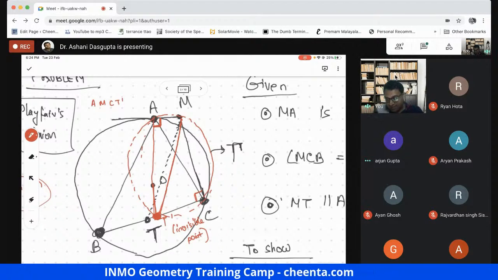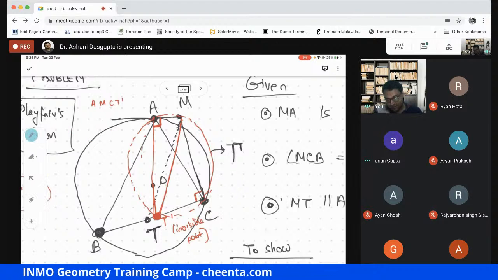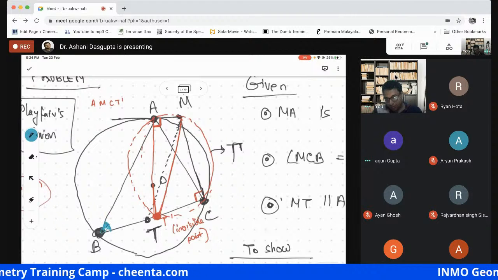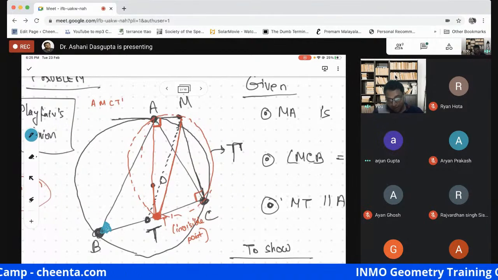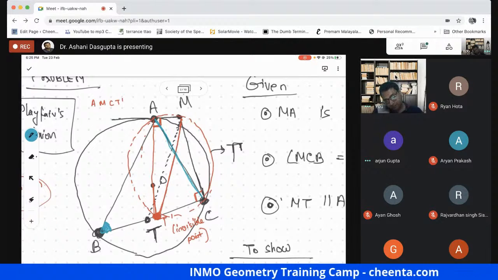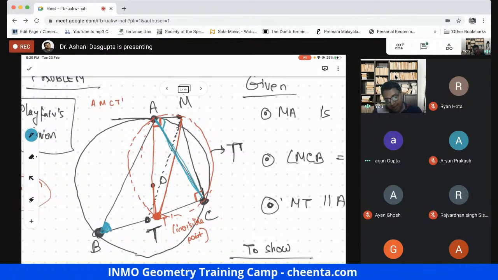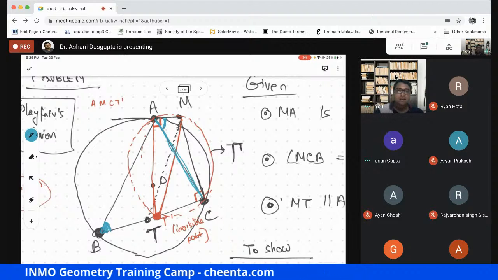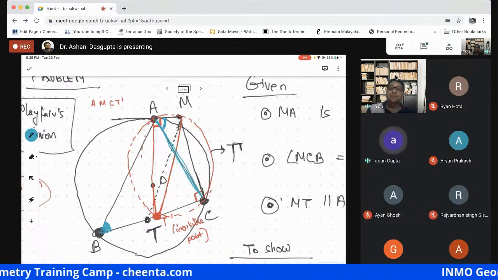Angle ABC. Okay, so this angle right here, which is subtended by the chord AC, is equal to this angle MAC. Okay, that's right, because of the alternate segment theorem.